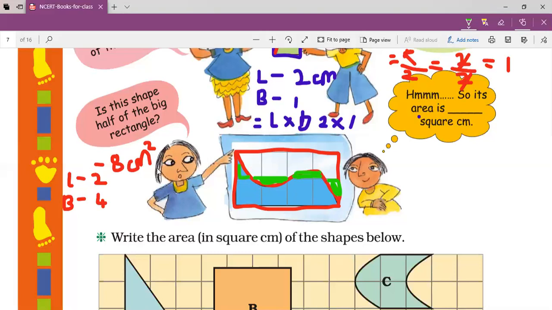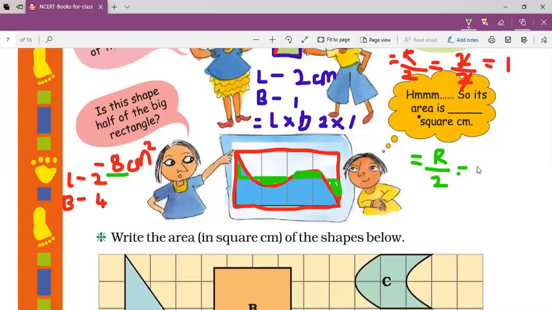So the area of the rectangle, what did we get? 8. And if we take the half, as a formula, we divide by 2. What will be half of 8? It will be 4. Understood what I'm saying? If we divide the area of the rectangle by 2, because it is half of that rectangle, what answer will we get?